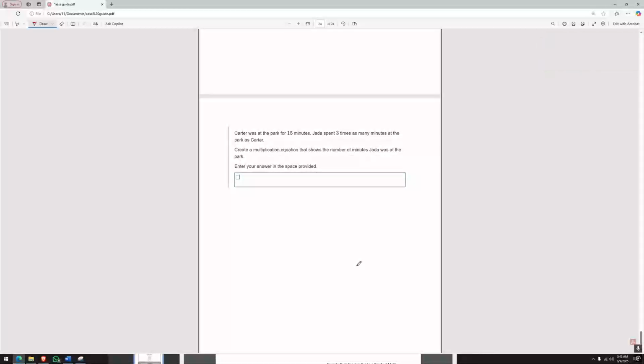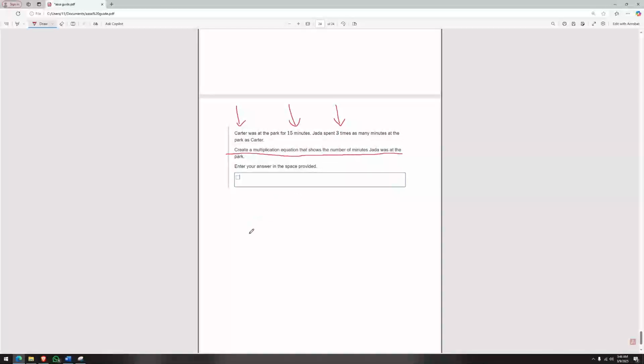Okay, now. This is telling you, Carter was at the park for 15 minutes. Carter estuvo en el parque 15 minutos. Jada spent 3 times as many minutes at the park as Carter. So, ella gastó 3 veces más de tiempo. So, create a multiplication equation that shows the minutes Jada was at the park.